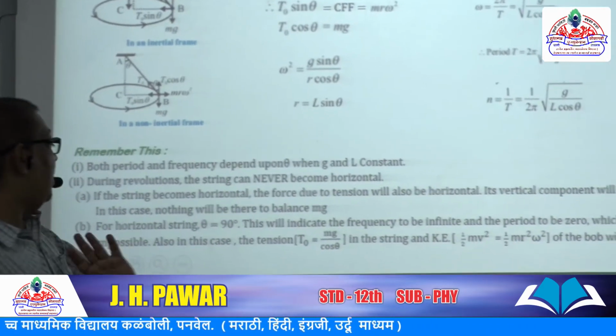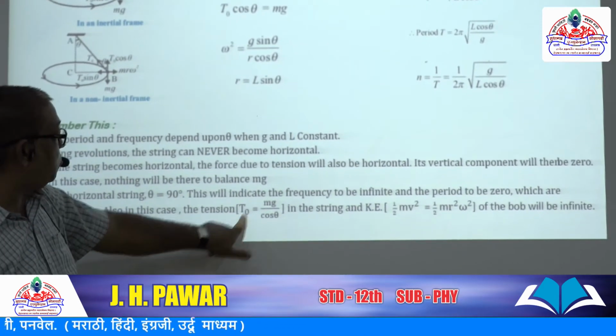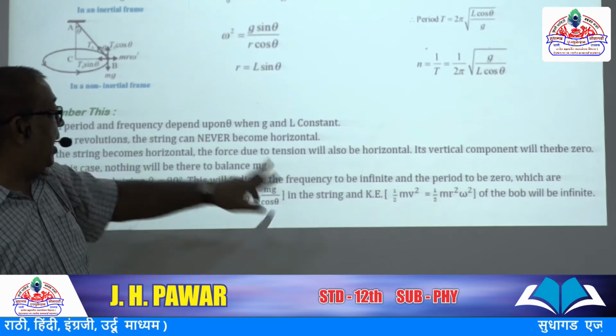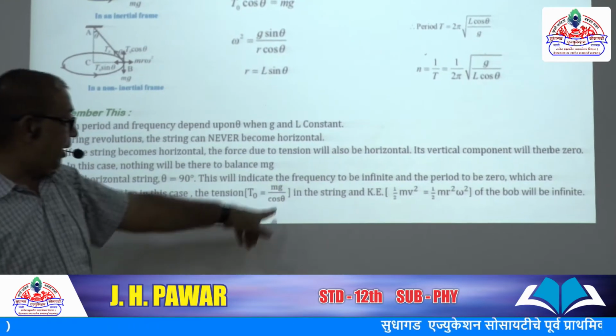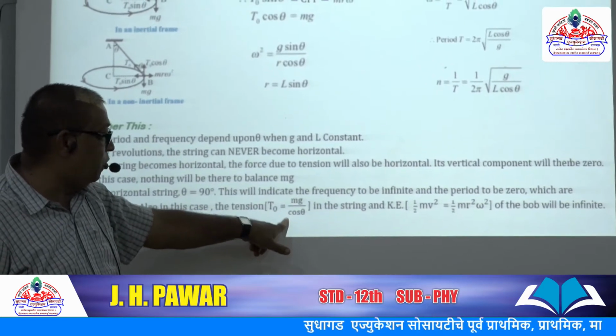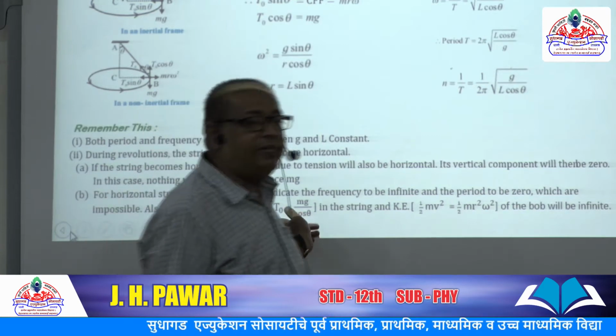Another aspect is the tension. Tension T0 equals mg upon cos theta. With theta 90, it is mg upon 0, so tension is also infinity. And look at the kinetic energy of the bob.